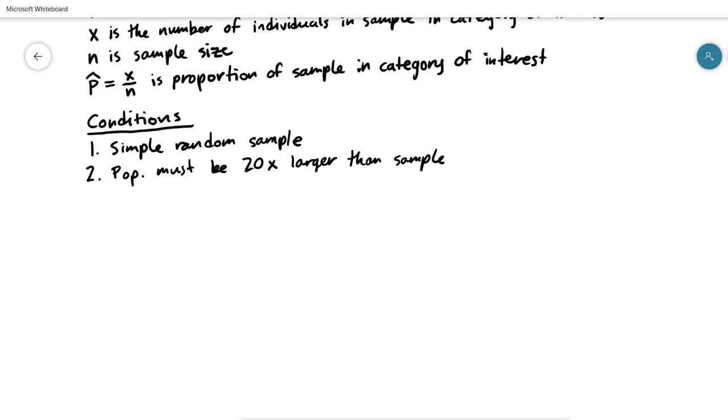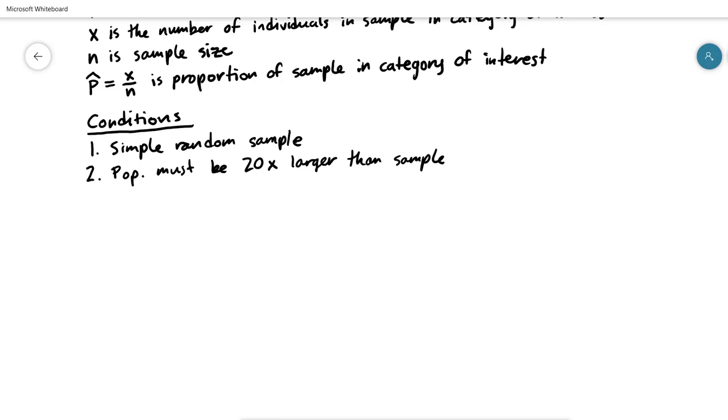This condition actually comes from the fact that this population that we're dealing with when we're trying to find the proportion, we're splitting the population into two groups, those that are in the category of interest and those that are not in the category of interest. And because of this, it winds up following some very similar conditions to a binomial distribution. So this second requirement is actually kind of a relic of that.